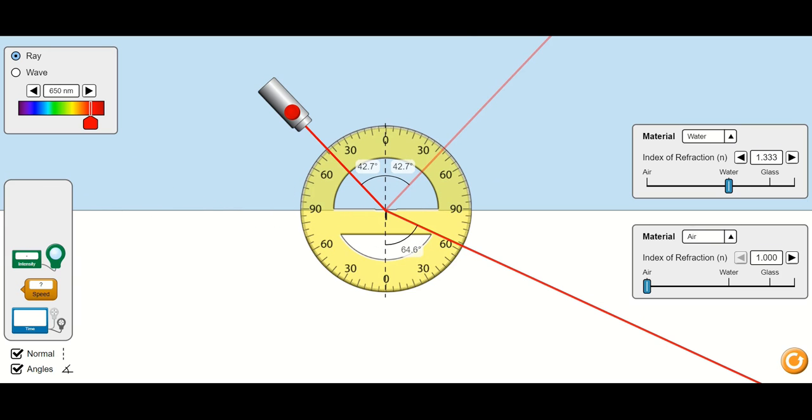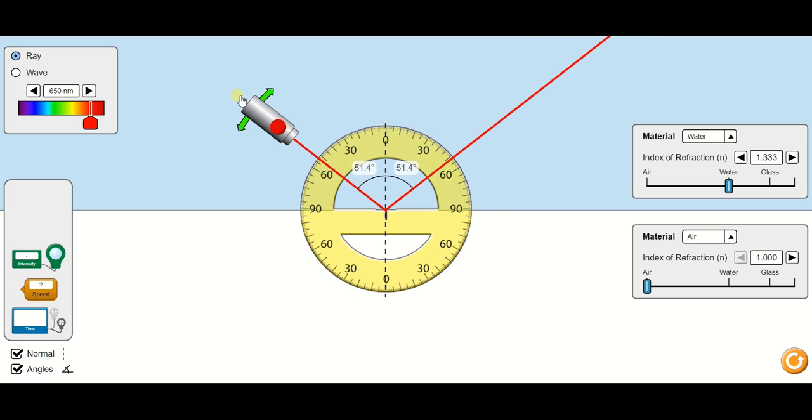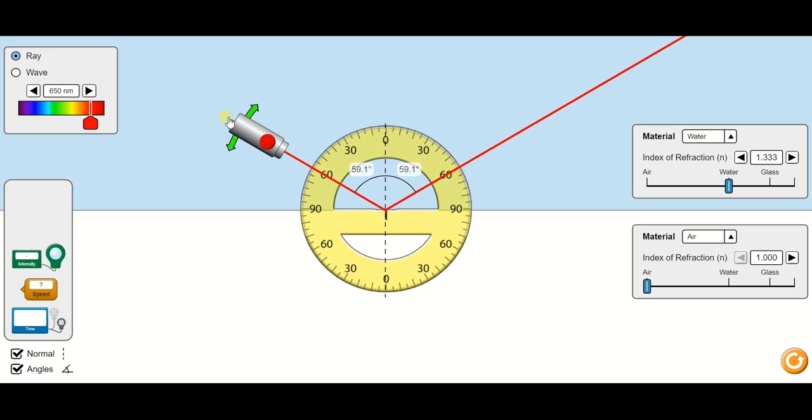Now let us see what happens if I increase the angle of incidence. At this point, when I increase the angle of incidence, I am unable to find the refracted ray. I am able to see only the reflected ray.